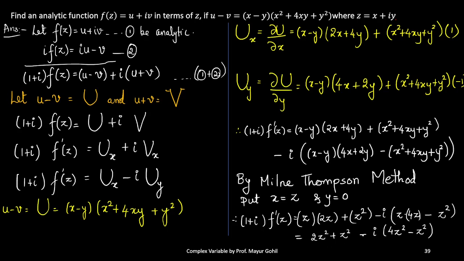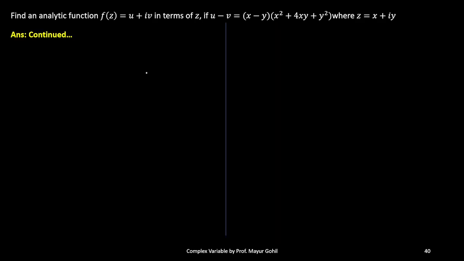And so on simplification, we will have here 3z square minus i times 3z square. That is what we have. Now let us simplify this further. So here we continue our answer, that is (1 plus i) f dash of z, we get is 3z square minus i times 3z square.